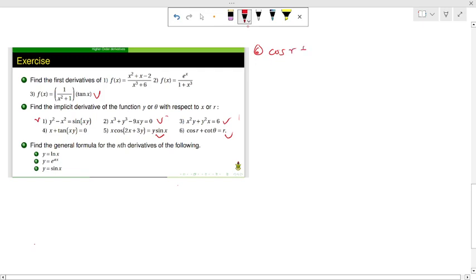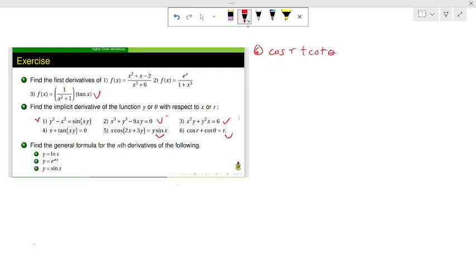Cos r plus cot theta is equal to r. So in the question it says to find d theta over dr. So now theta is what? Our dependent and r is our independent. So simply this becomes what? Negative sine r plus, here is what? When you differentiate cot theta, you get negative cosec squared theta, d theta over dr. Now the r, when I differentiate the r, I get 1.